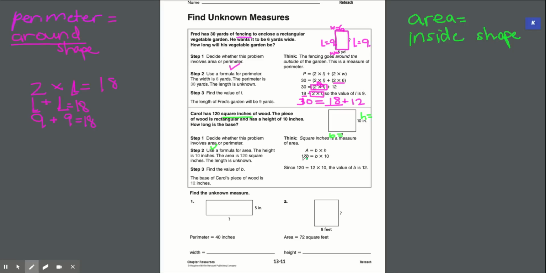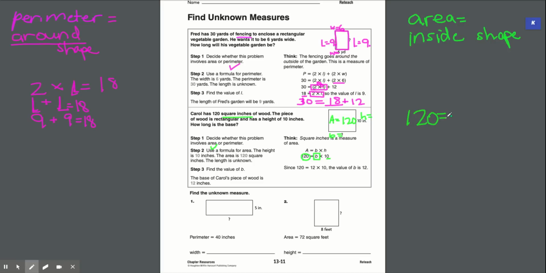Area equals 120, right? So inside of this shape, the area is 120. And 120 equals the base, which we don't know, times 10. So we need to figure out what this base is going to be equal to. What number times 10 will give you 120? You can solve that by dividing, right?